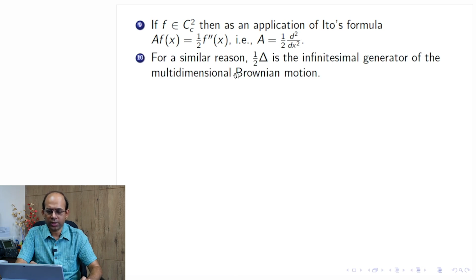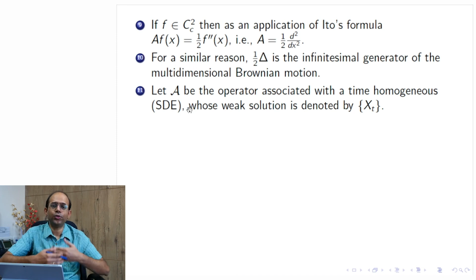Now for a similar reason, half times the Laplacian is the infinitesimal generator of multidimensional Brownian motion. Here I have just given the one-dimensional case, but for multidimensional the same reasoning applies. So we get half times the Laplacian. The Laplacian is the sum of ∂²/∂x_i² over i equal to 1 to d, where d is the number of dimensions.